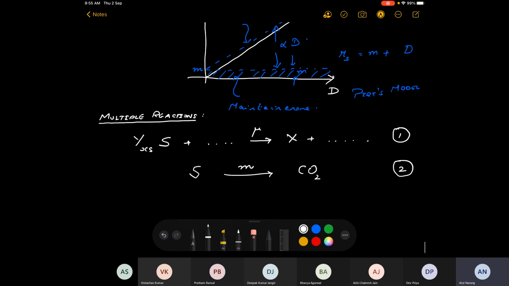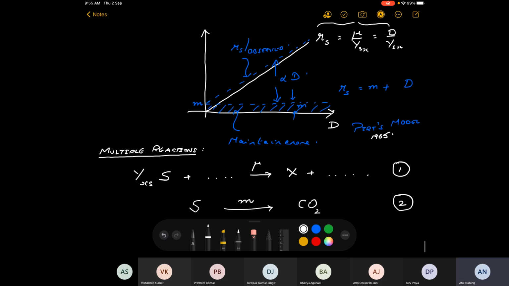So what Pirt proposed, this is his first model from 1965, was, as I mentioned last time, the dashed blue line is the data, which I have called RS observed, and the white straight line passing through the origin is what is predicted by the model.